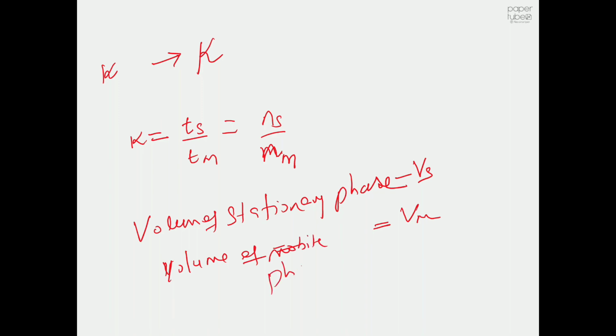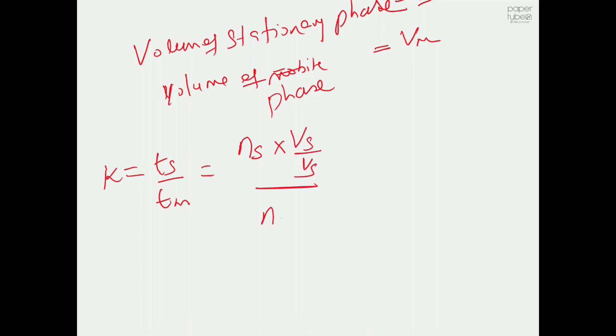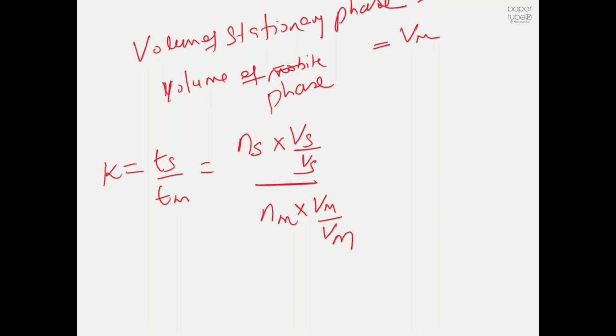We are doing these things just to find the relation that exists between your retention factor and your equilibrium constant. So we take equation 2, Ts by Tm, and on the numerator side multiply and divide by Vs, and in the denominator side multiply and divide by Vm. Obviously we can cancel these two, but we are doing this to make things a bit easier.